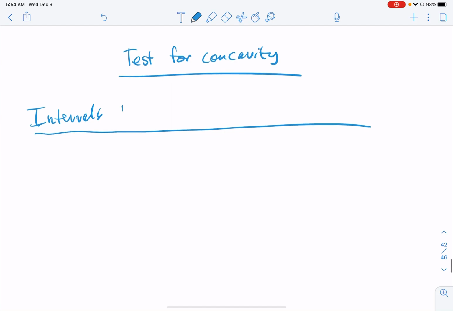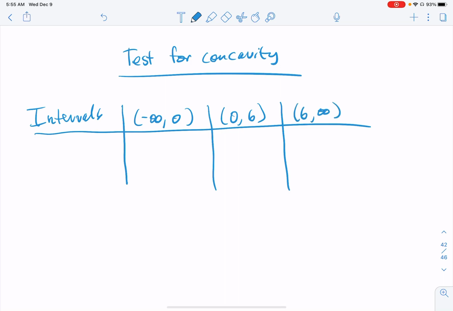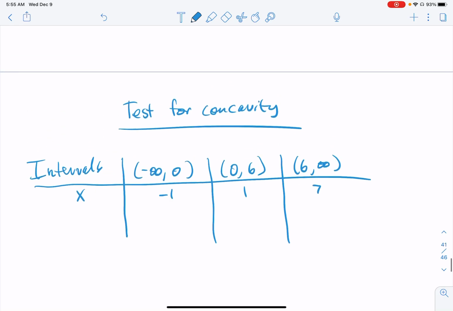We only have 2 of these supercritical numbers. We get negative infinity up to 0, 0 up to 6, and then 6 to infinity. Let's pick something in each one of these, like maybe negative 1, positive 1, and 7.